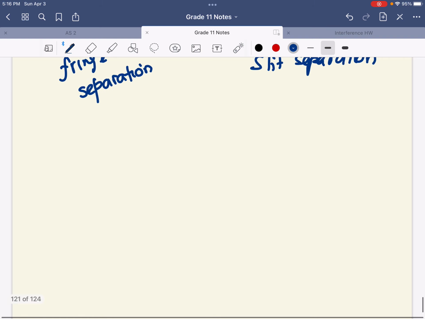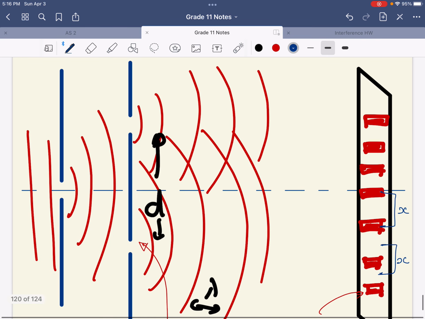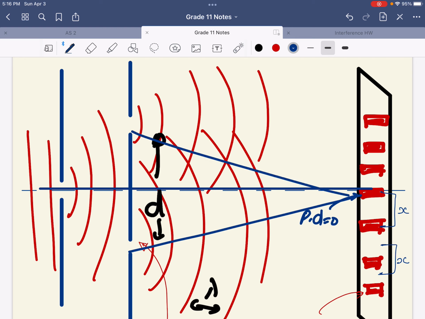One last thing. If I go back here, we have to understand this place, the central fringe. The central fringe happens because the path difference is 0; both waves go exactly the same distance. This one has a path difference of 1 lambda, this is 2 lambda, and this is 3 lambda.